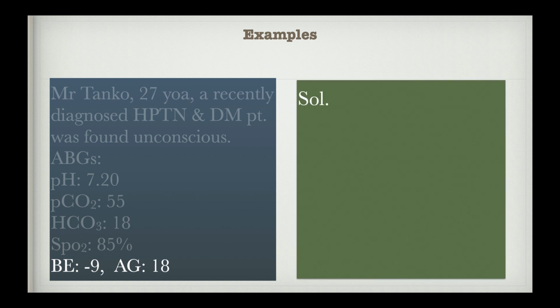In this patient, we find that the pH is low, which is acidosis. Then the carbon dioxide is high. So we can see that the pH and the carbon dioxide are going in opposite directions, and so it is respiratory acidosis. Now we also have a bicarbonate of 18, which is low, also pointing to acidosis.